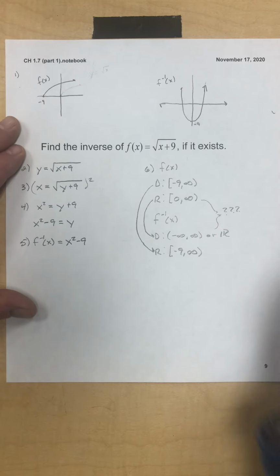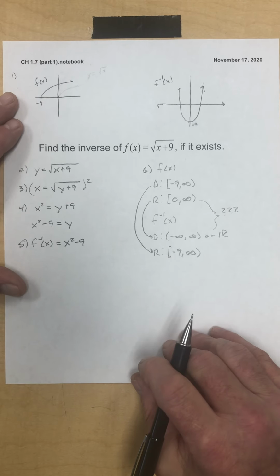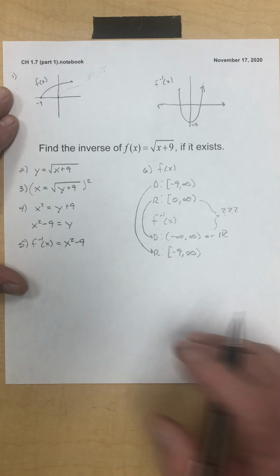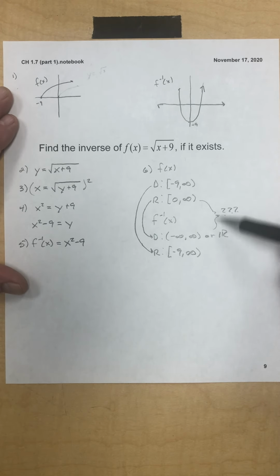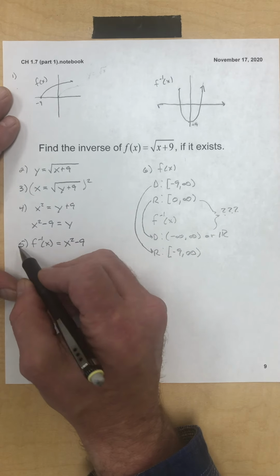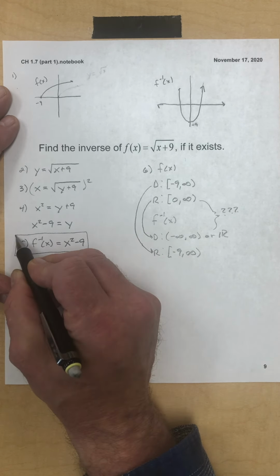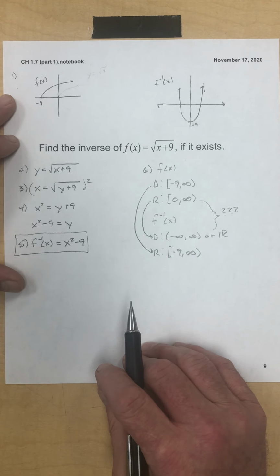It's the first time an issue has shown up, and that's what happens a lot on these problems. You've got some issues when you start at the very end, comparing domains and ranges to ranges and domains. The important thing is that we can come up with this function that acts as an inverse.